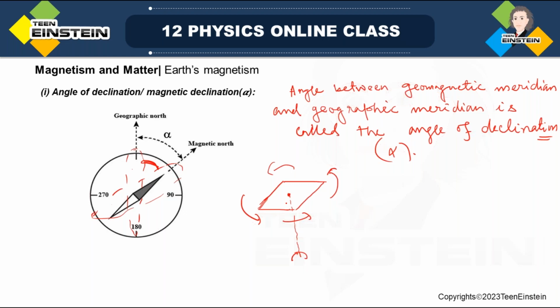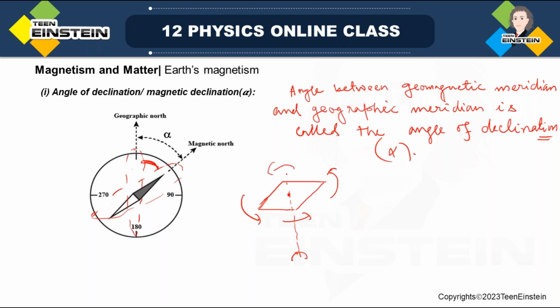If you take a compass needle, then fix it at any position where you want to calculate the angle of declination. You have to fix the compass needle in such a way that it can rotate horizontally about the axis which is passing through its pivot.